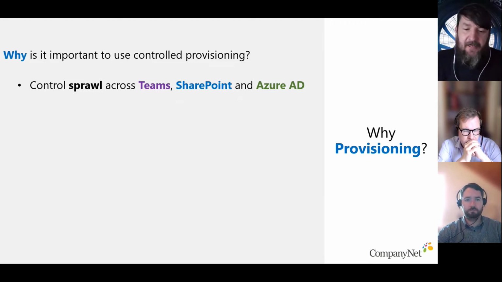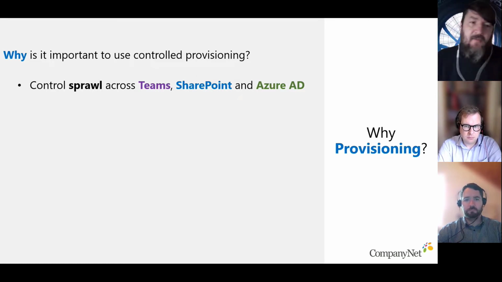I think many large or medium organizations have expedited enablement of Teams, maybe during the pandemic, but they've not put any thought or any controls in place as to who can create Teams and SharePoint sites, etc. You can imagine that teams are created for non-work specific things, which maybe should live in Yammer, or for various other reasons.